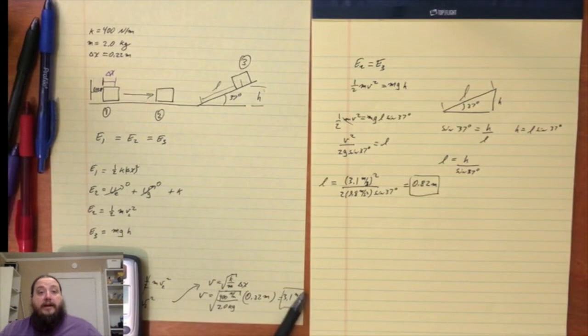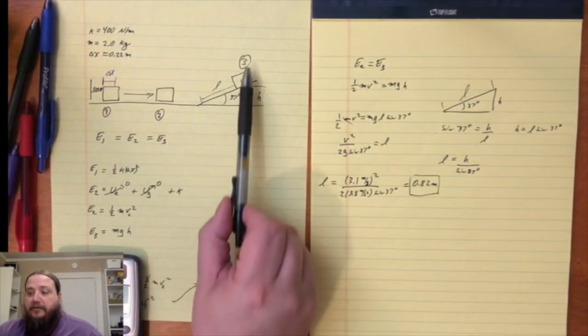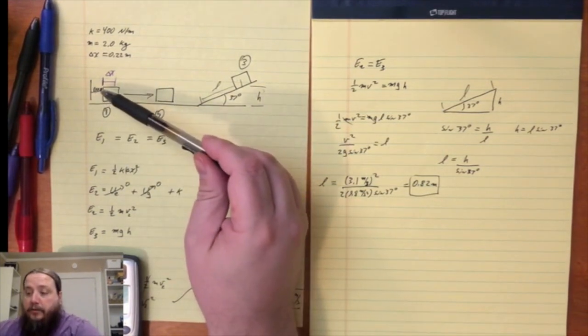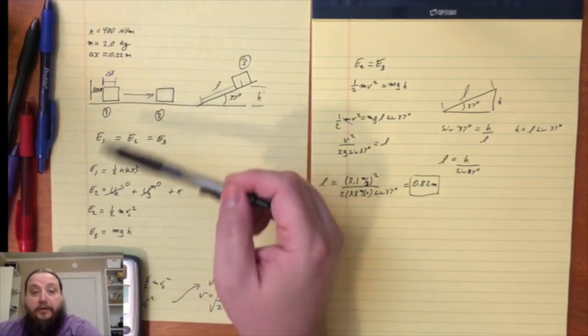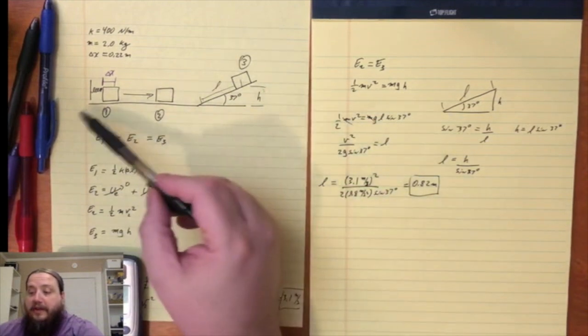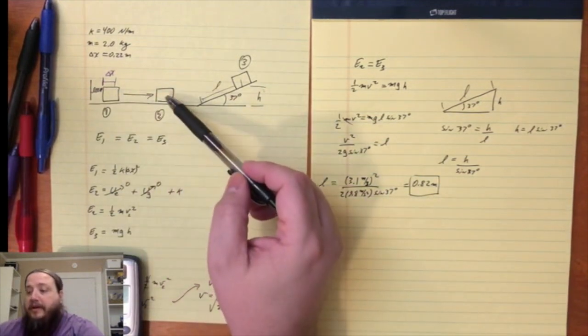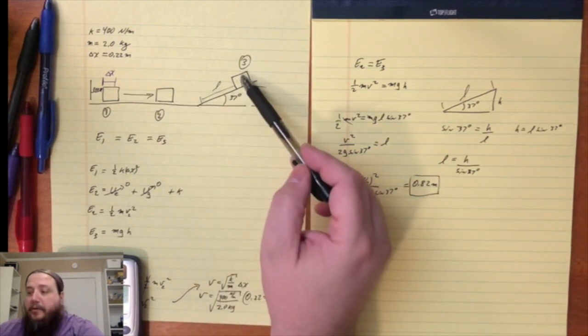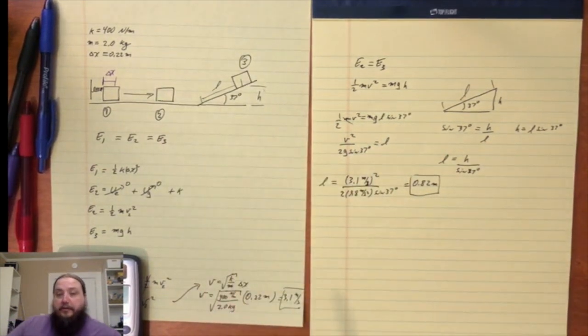All right, so again, the strategy here for these energy problems: identify the interesting moments that the problem allows, where you know something about the state of the energy, or you want to know something about the state of the energy. So in this case, we had the fully compressed moment, the moment where all of the energy was in kinetic energy, and the moment over here where all the energy was in gravitational potential energy.